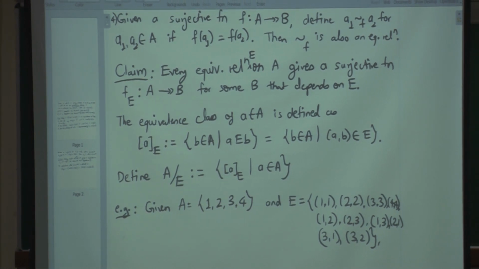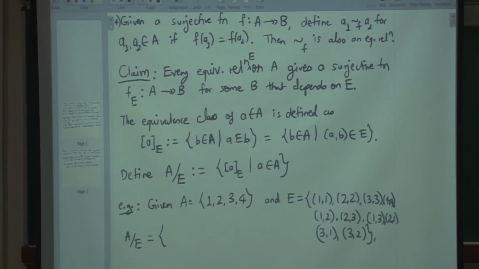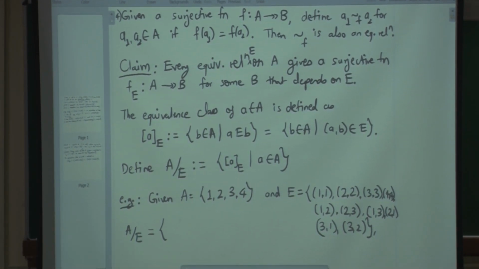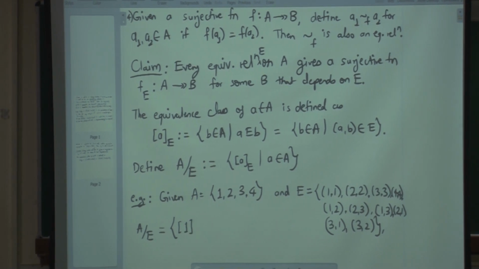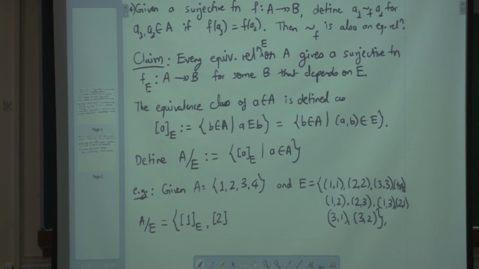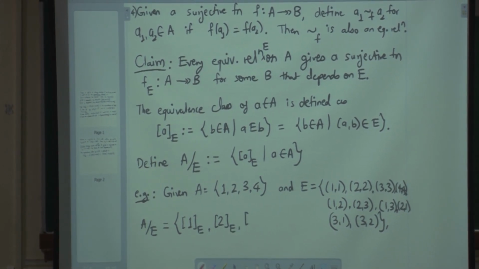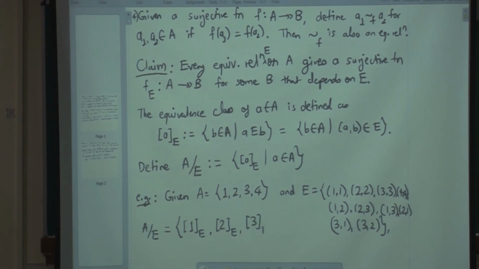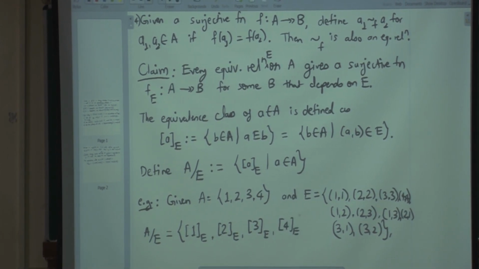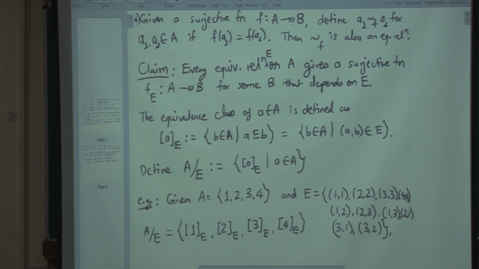Now, what is A mod E? Ideally speaking, it contains the equivalence class of 1, of 2, of 3, and of 4. What is the equivalence class of 1? {1, 2, 3}.